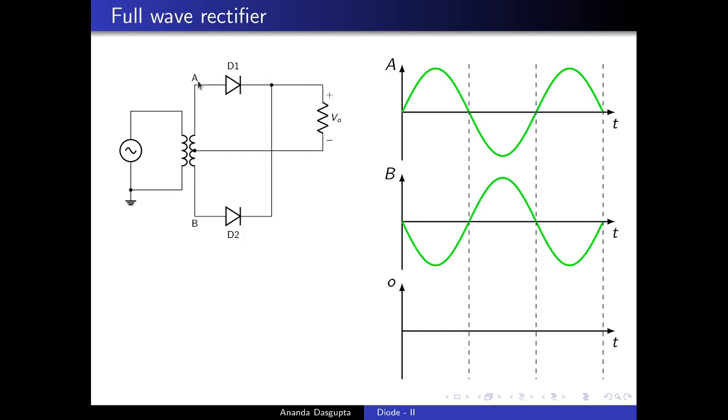So if the voltage at point A is above that of the center tap, which is the VA here in this diagram is positive, so in this part of the cycle and in this part of the cycle, the diode is going to conduct, and if we assume for the time being that the diode is ideal, it's going to conduct without any resistance, so the entire voltage is going to be dropped across the resistance here. So the current that will flow in the circuit is this blue curve here.